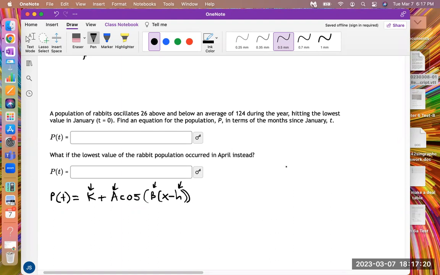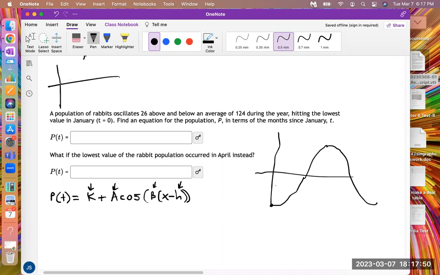Now, just drawing a rough sketch, they're saying that it hits the lowest at time equals 0. So it would hit its min value, climb, hit its max, and then come back down. Which of the equations, I'll draw four of them.